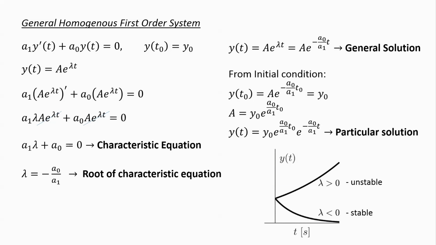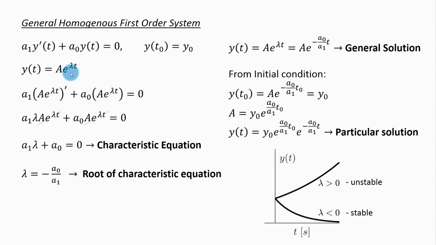So based on the previous examples, you should start to understand how I solve a general homogeneous first-order system described by an ordinary differential equation with constant coefficients. In general, the differential equation will look like this, and we specify some initial conditions like this. The solution can always be found in this form, and you just need to find these constants, A and lambda.